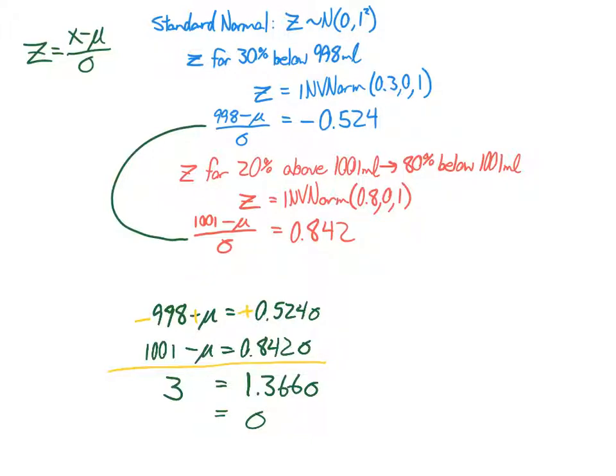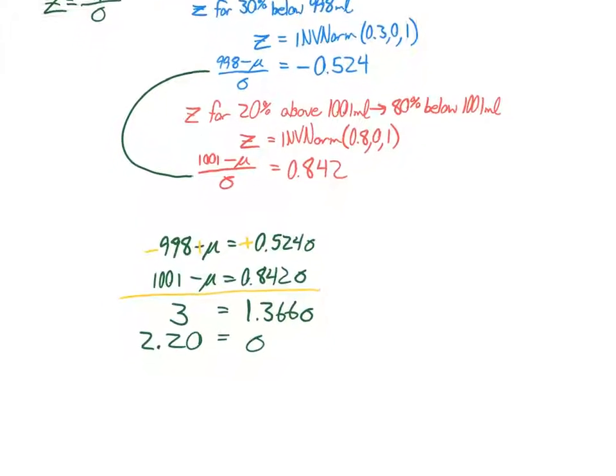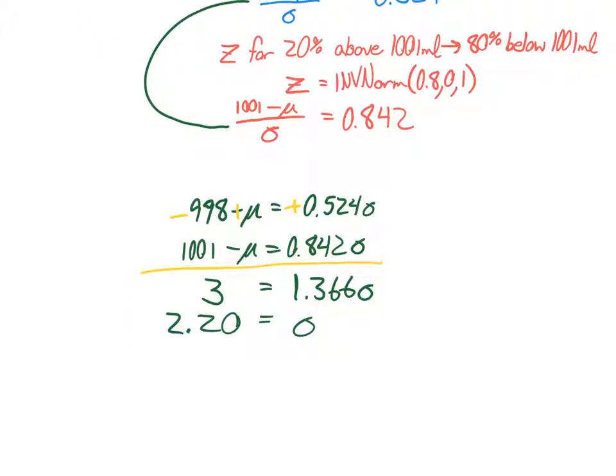Well, now notice I used a linear combination to get rid of the mu's. So 3 equals 1.366 sigma, and what does sigma end up equaling then? A number. 2.196. It's 2.20. And now I can go back and plug that into any one of these equations.